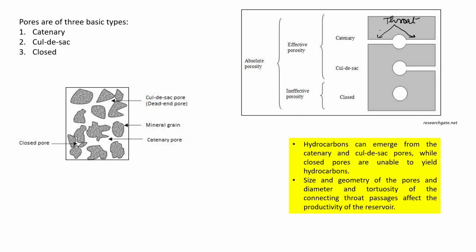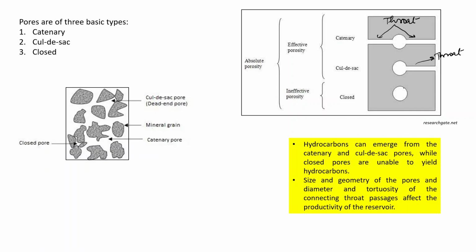This is a conduit or a pipe like structure which is open from two sides, and this is called a catenary pore. The cul-de-sac pore has only one throat, and it is closed from the other end, while the third type of pore is the closed pore. You can see that this pore cannot communicate with another pore.